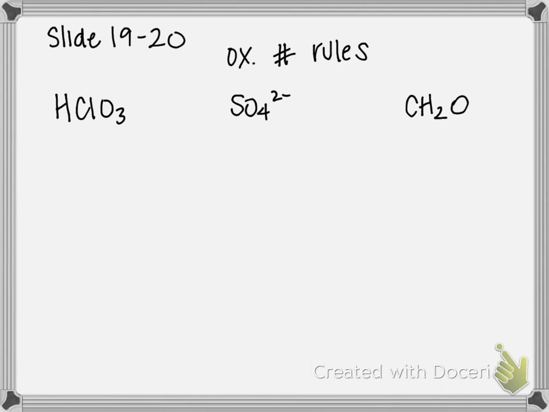Alright, so for the next page, slide 20, we're getting a little bit more complex with our examples. This first one on this page now has 3 elements. We're going to use the fact that we always know oxygen to have a -2 charge, and hydrogen in a compound is always +1.